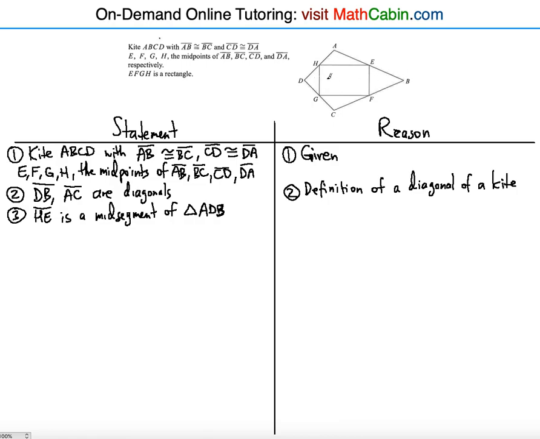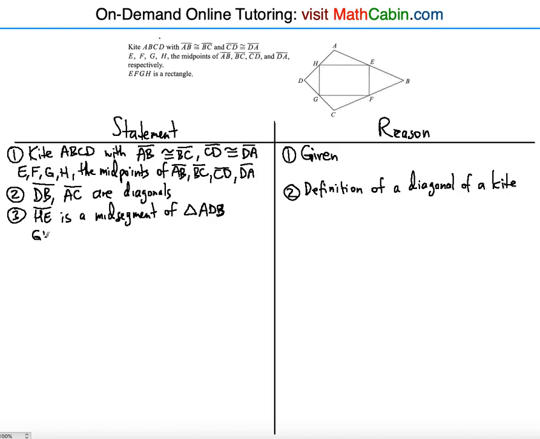So HE is the mid-segment of triangle ADB. Similarly, there will be three additional mid-segments because there will be three more triangles: the second triangle ADC, the third triangle DCB, and finally triangle ABC. Each will have its respective mid-segment. So we need three more.